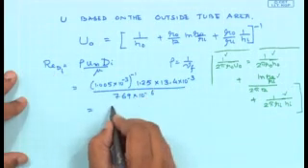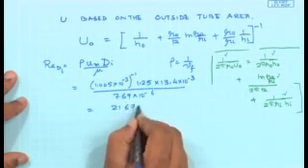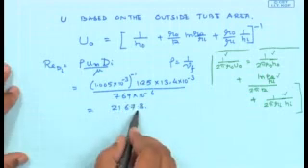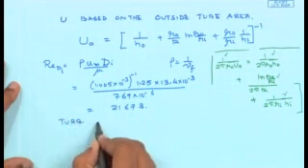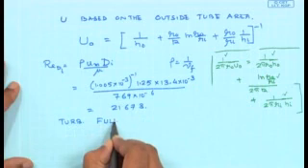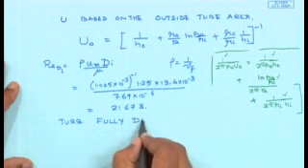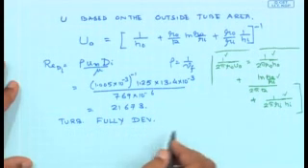So this would turn out to be 21,673. So obviously it's a turbulent flow, and it's fully developed based on whatever we have studied for that case.